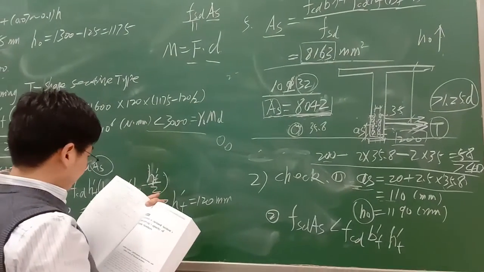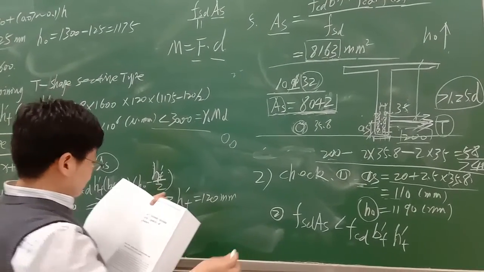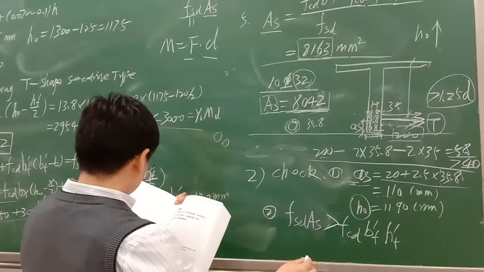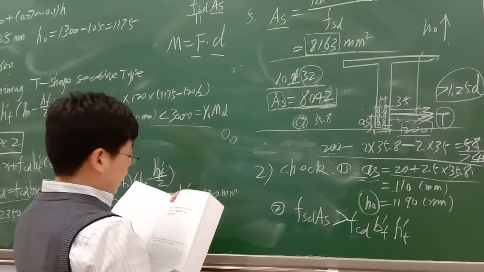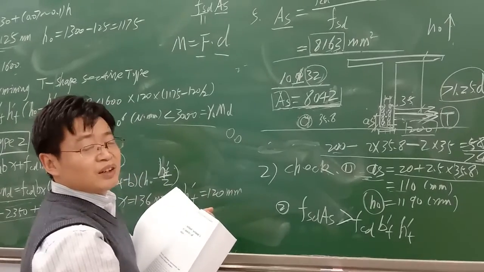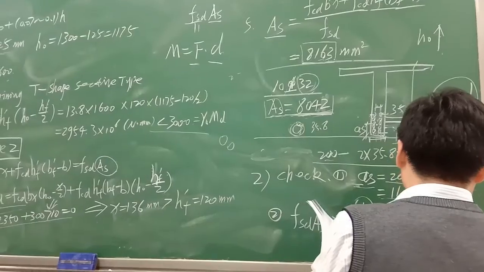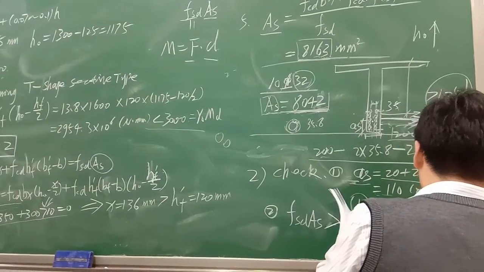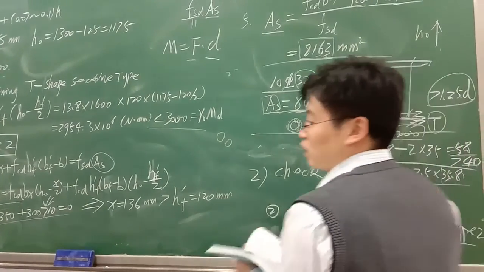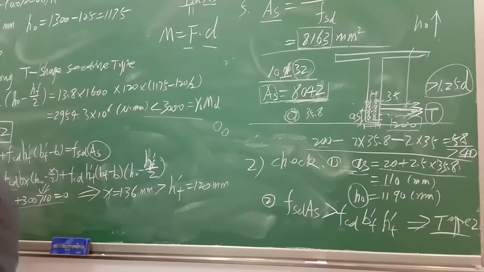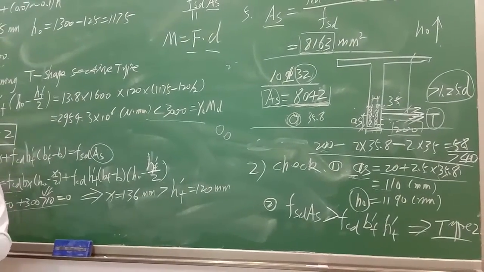Finally you find this is smaller than this one, so it belongs to type 2. The confirmation: type 2. Yes, that means your design is the same as you assumed, type 2.